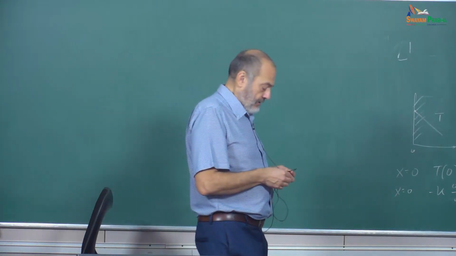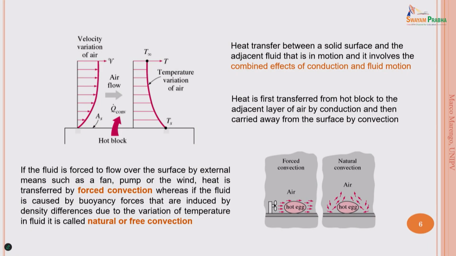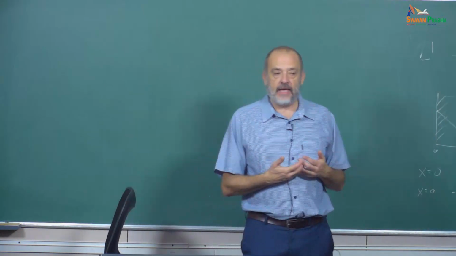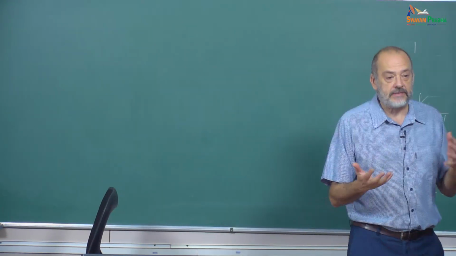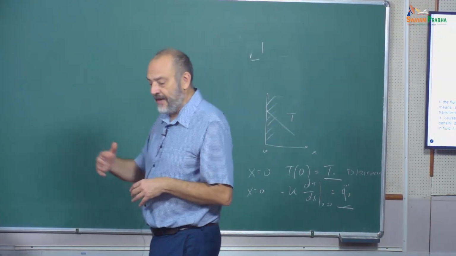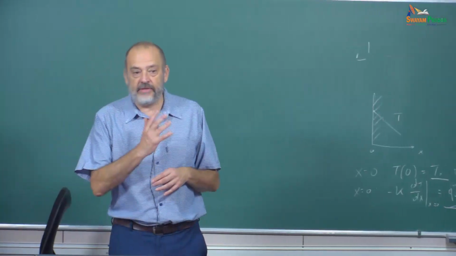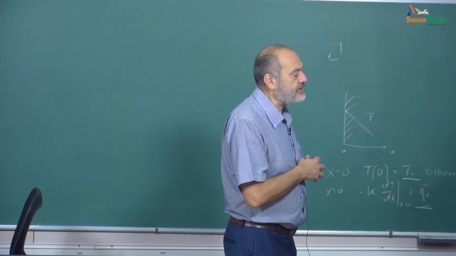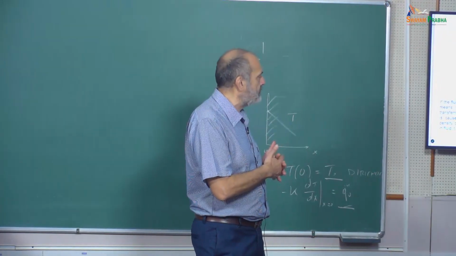Why is it complex? Because we have really different phenomena: the two processes of molecular exchange of energy and the motion of the fluid make things complicated, in the sense that we may have different forces acting on the system. For example, we may have pressure, so we have a force that is moving the fluid, and we have the transfer of energy because of that, and we call it forced convection.